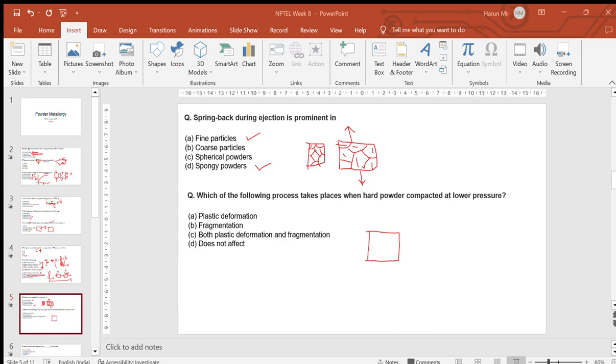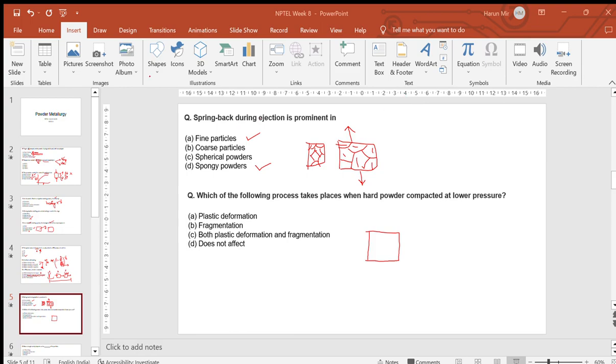Also the specific surface area will affect it. For a larger particle, the specific surface area is small, but for a very minor particle, the surface area is increased, right? The increased surface area can also affect your interparticle work hardening or interparticle friction, and that will impact your compaction.